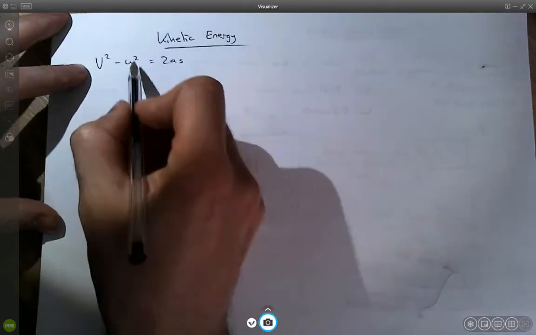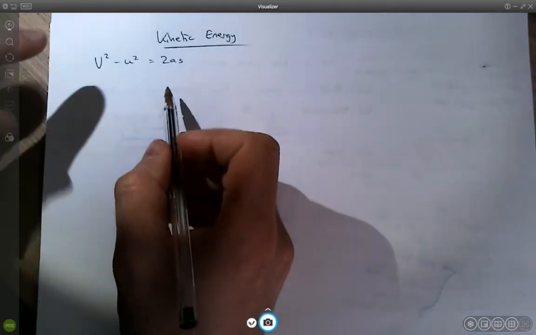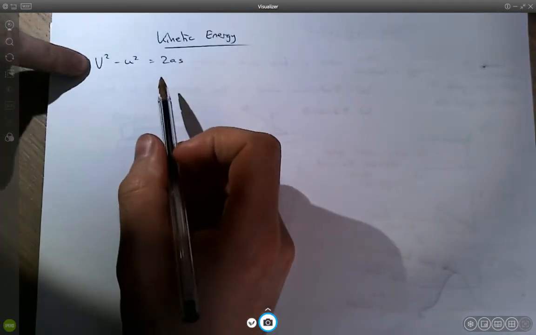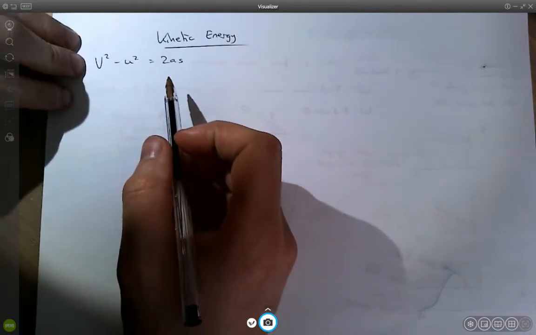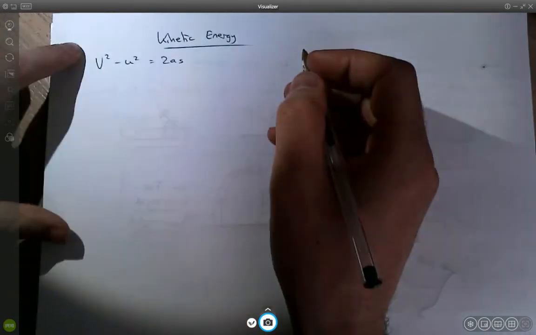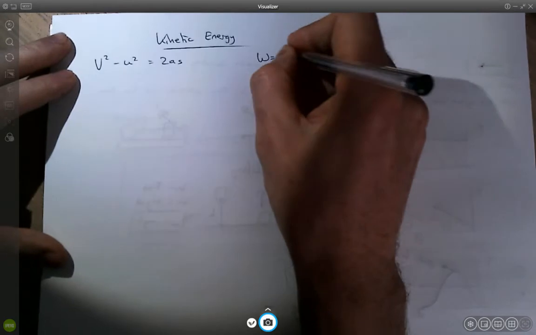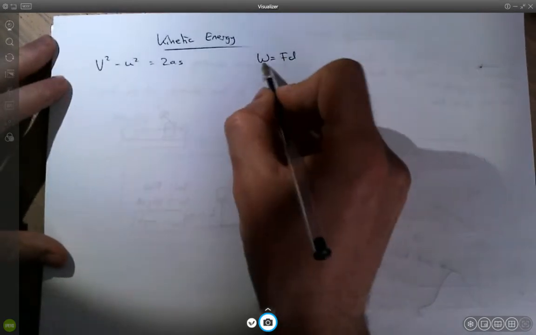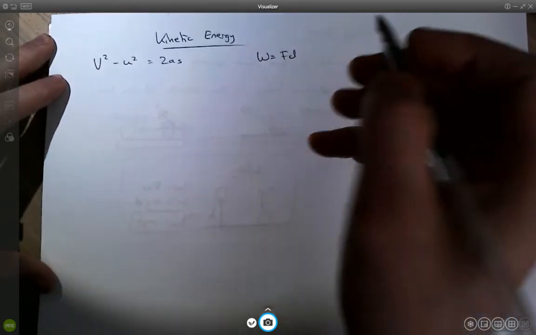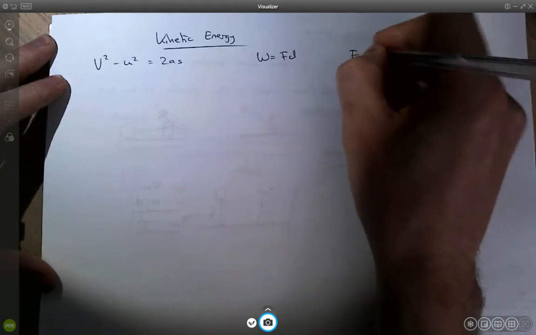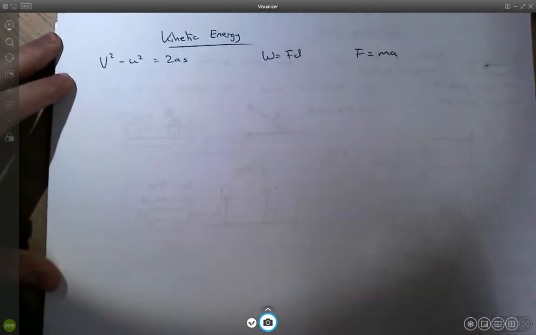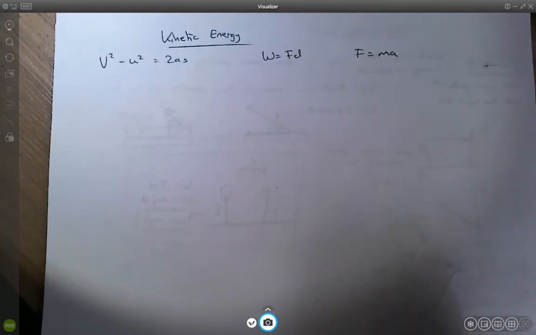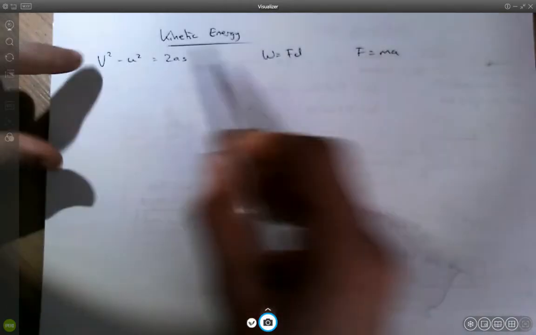We're going to start with an equation of motion, which in the mechanics lessons we derived from very basic equations and graphs. We're also going to keep our definition of work done, force times distance, and we're also going to combine Newton's second law. So three really quite basic equations that hopefully you're happy where they all come from.